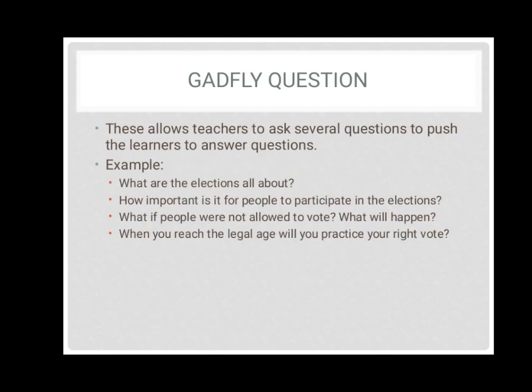This allows teachers to ask several questions to push the learners to answer questions. Example, what are the elections all about? How important it is for people to participate in elections? What if people were not allowed to vote? What will happen? When you reach the legal age, will you practice your right to vote?